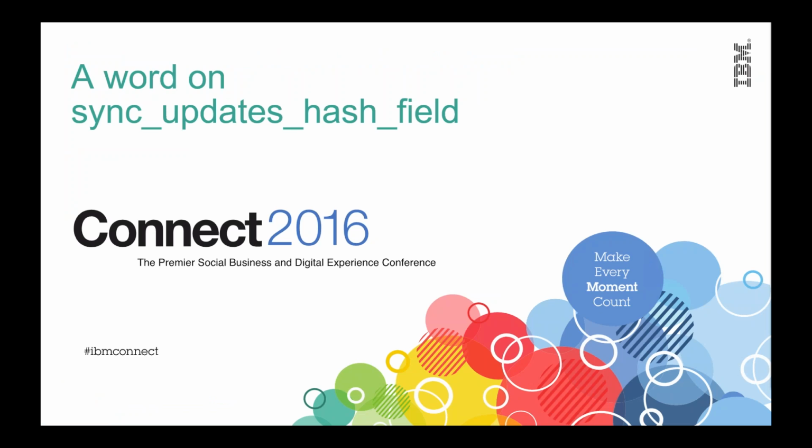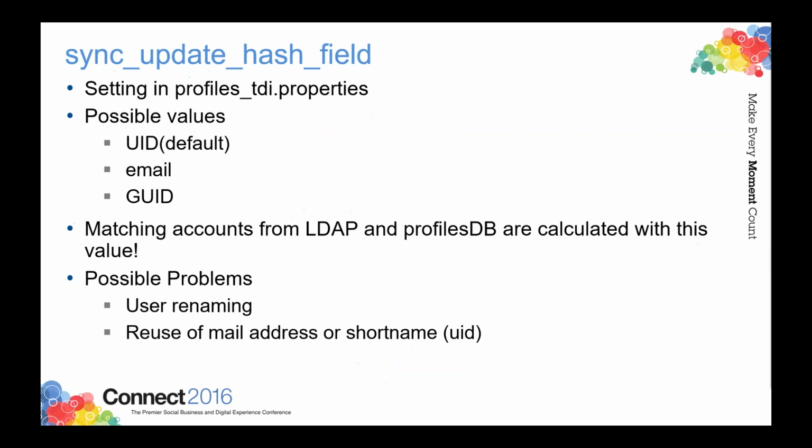And one of the most important fields within the profiles TDI XML is the sync updates hash field. This property is used to calculate a hash on the database and your LDAP, and then the matching hashes will create users or update users.